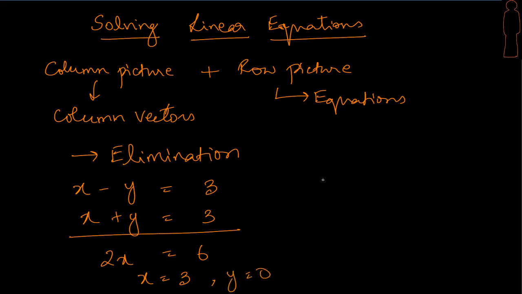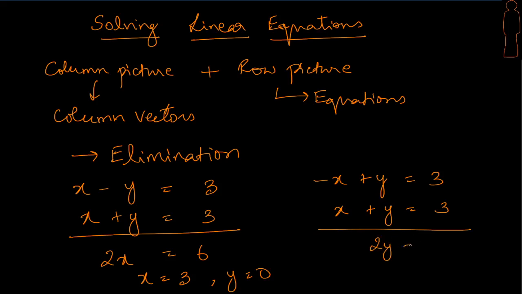But in case we are given, let's say, minus x plus y equal to 3 and x plus y equal to 3, we may continue to add, because this time the x's will get cancelled. I get 2y equal to 6, therefore y is equal to 3, which means that x is equal to 0.